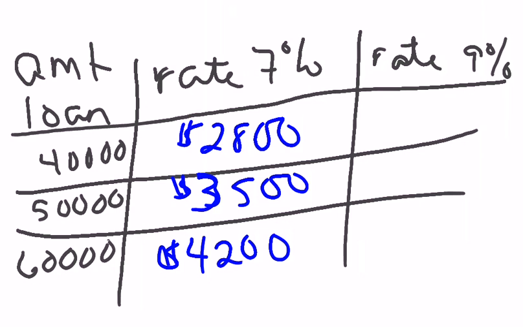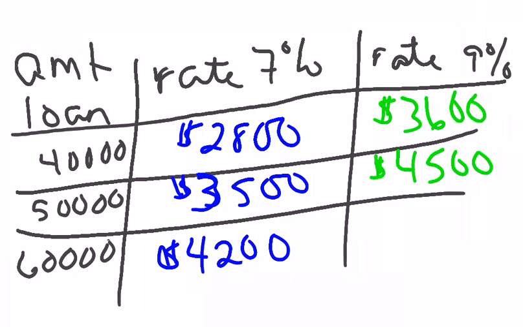Then we go back and do the same thing with the 9%, but we need to change that to a decimal. So 9% as a decimal is 0.09. So the first one, 40,000 times 0.09 would give us $3,600. 50,000 times 0.09 is $4,500.